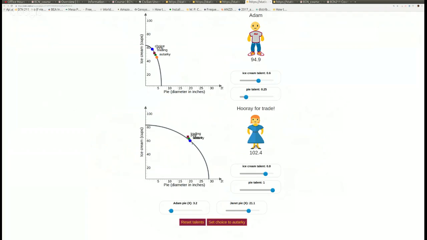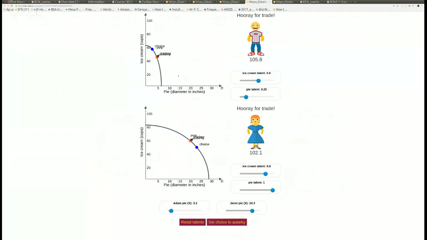Then for Janet, if she offsets the pies that Adam doesn't make anymore and starts making more pies, how much ice cream does she lose in production? It's much less than Adam gains. That's basically the slope of this curve. So I'm going to have Janet produce a little bit more of the pies that Adam was no longer producing.